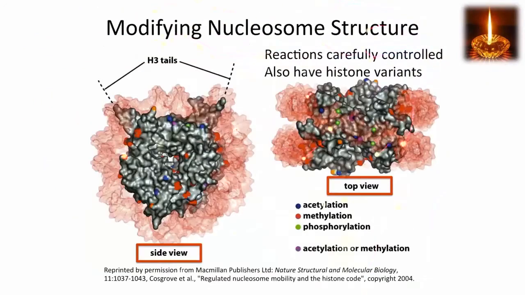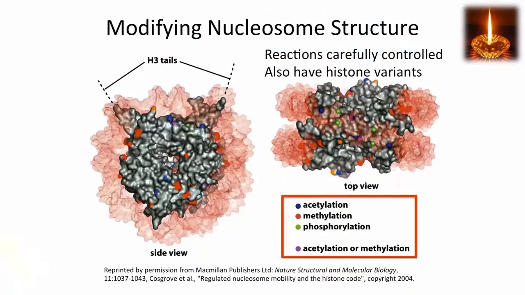And if we look at places where histones are modified within nucleosomes, you can see with the blue where it's acetylated, with the red where it's methylated, and with the green where it's phosphorylated. So this is a particular set of histones at a particular place in the DNA.